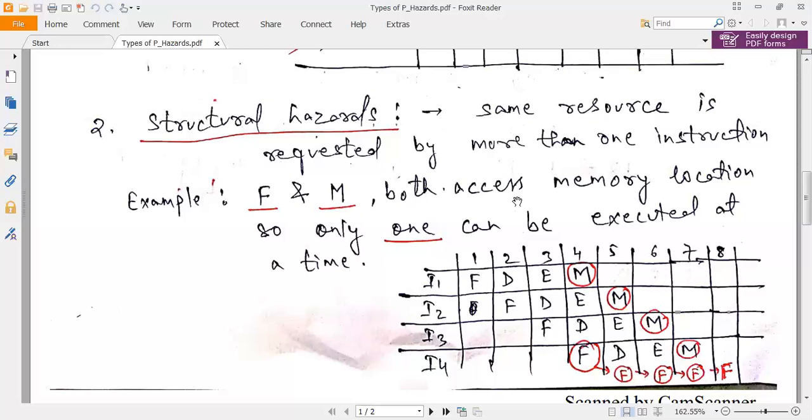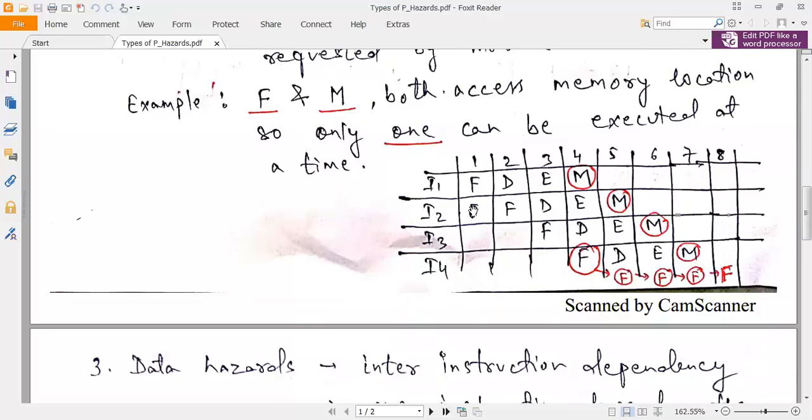That means both access memory. So only one can be executed at a time, because I can access the memory one at a time. Similarly, fetching and memory write back can be done one at a time. So see this example I have written.